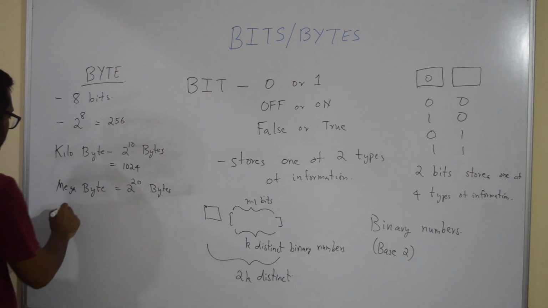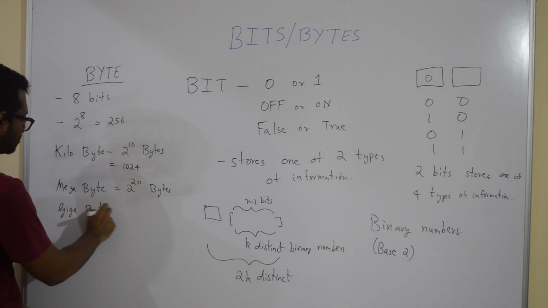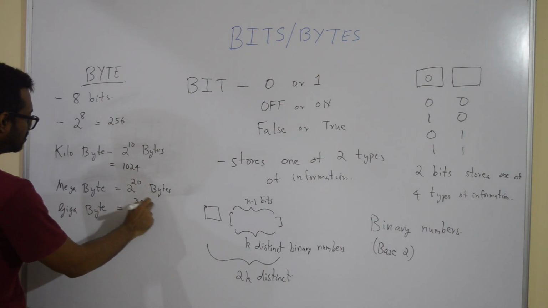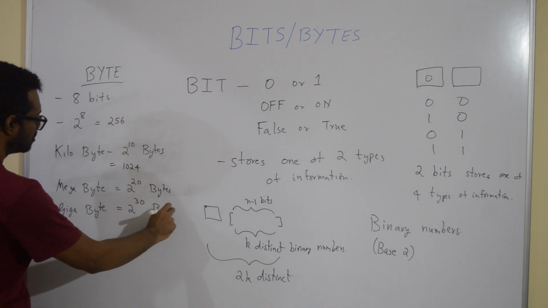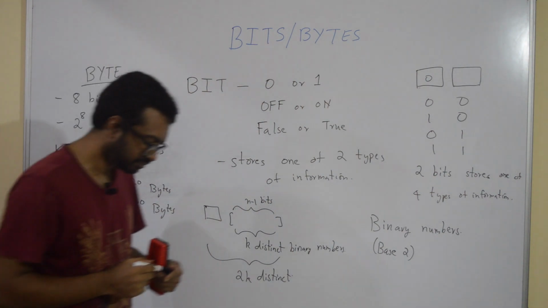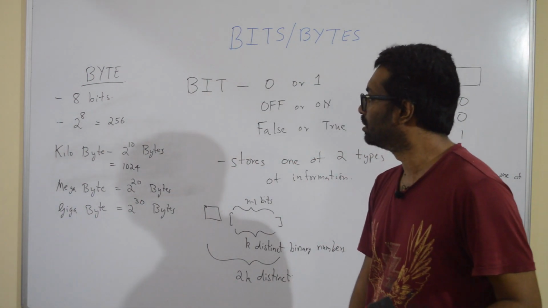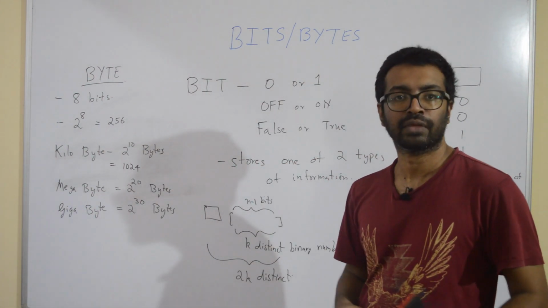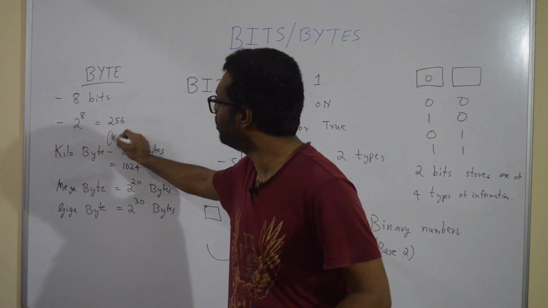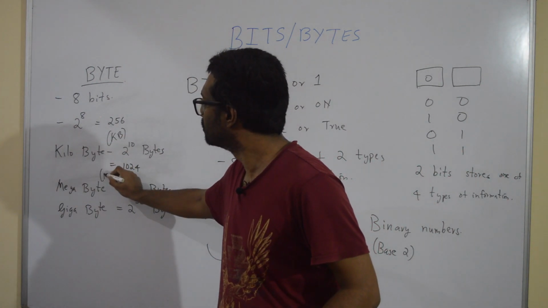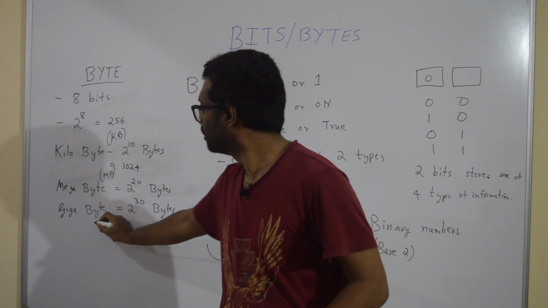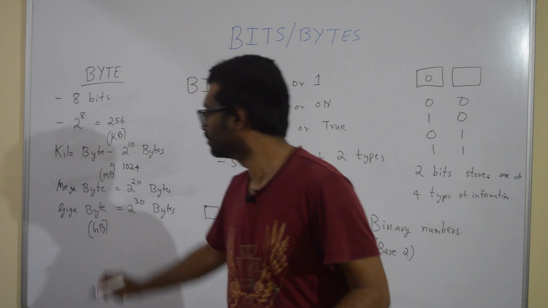And what is a gigabyte? 2 raised to 30 bytes. Sometimes this is written as KB, this is MB, and this is GB.